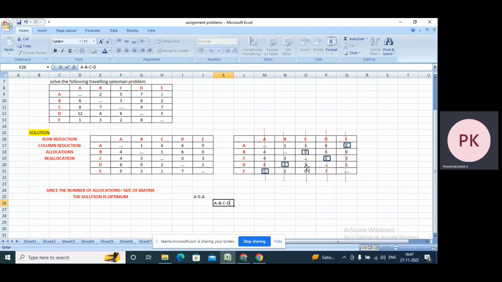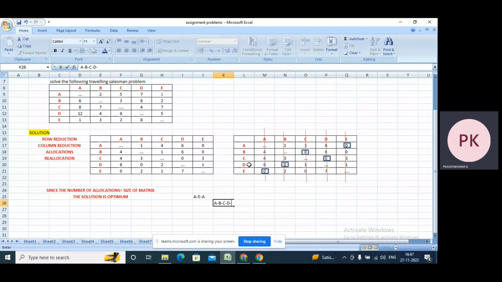So now I allocate the least element. The least element is 1. So I'll write D to C. But then C to D is also not possible, because it will not obey the traveling salesman problem.